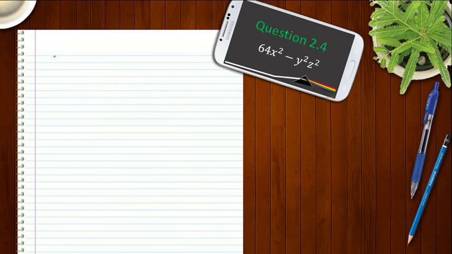Question 2.4, we have 64x squared minus y squared z squared. So two terms with a negative in between them, and both of these terms are perfect squares. I've got two brackets over here, one a plus, one a minus. Then this becomes 8x when I take the square root, and that's just yz over here and here.